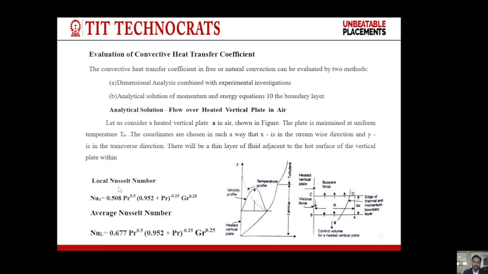By using the Nusselt number formula, we have two types of Nusselt number, the local Nusselt number and the average Nusselt number. Nusselt number is a function of Prandtl number and Grashof number, so by using this formula we can calculate the Nusselt number, and subsequently we will find the value of the heat transfer coefficient.